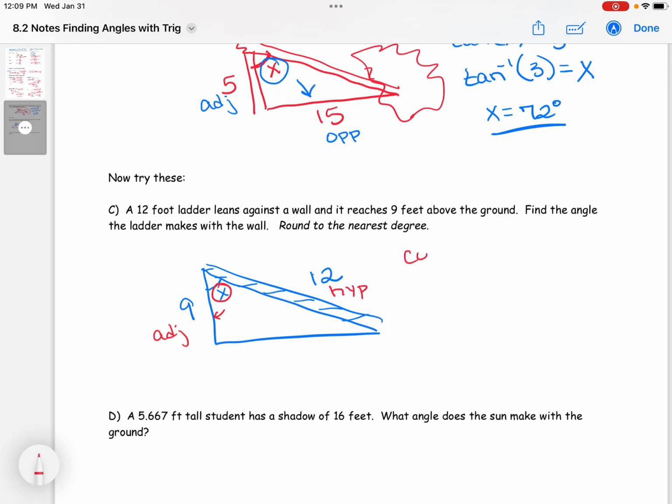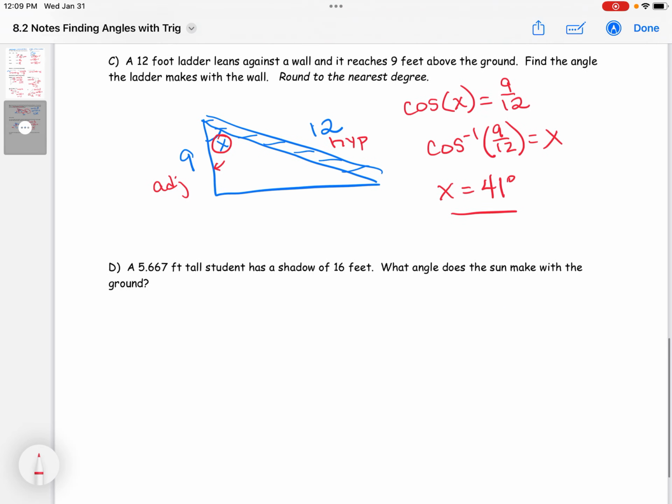So cosine of the angle is 9 over 12. If I want to find the angle, second cosine, 9 divided by 12 equals x. And that means x equals 41 degrees.